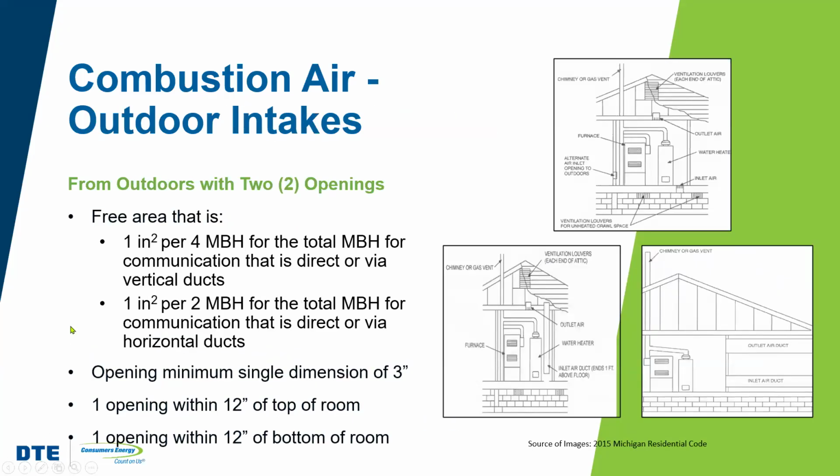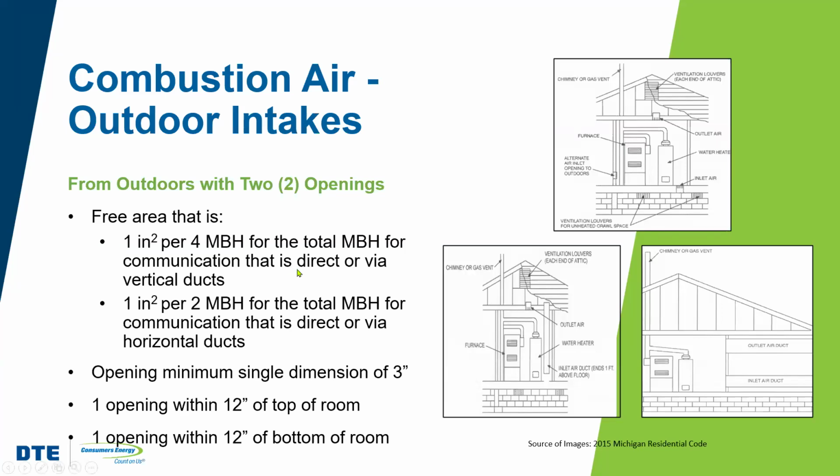You could also bring in combustion air directly from the outdoors. If you did that with two openings, then you would need to have either an opening of 1 square inch for every 4 MBH or 4,000 BTUs per hour, for again the total capacity of all the equipment.